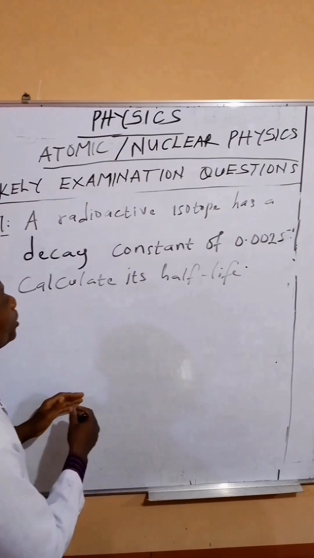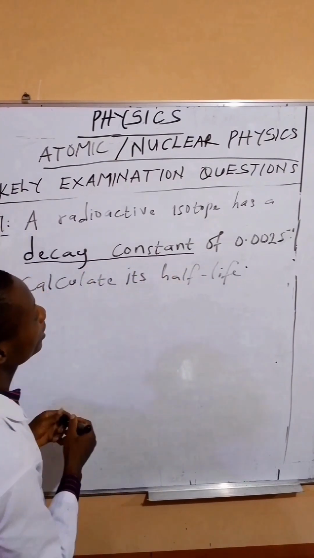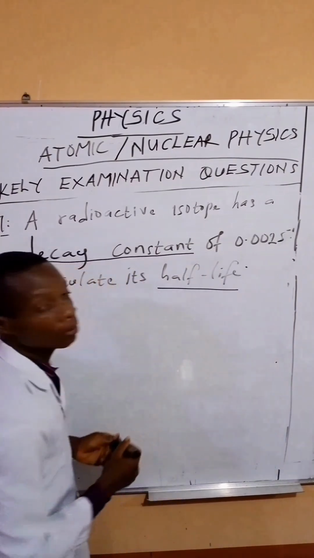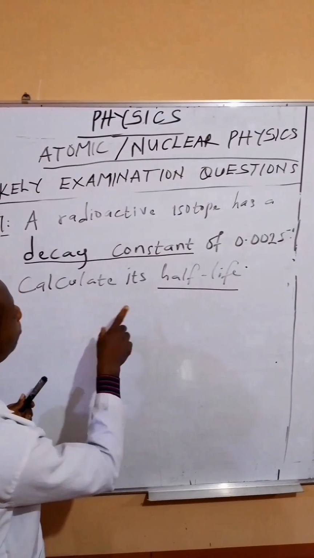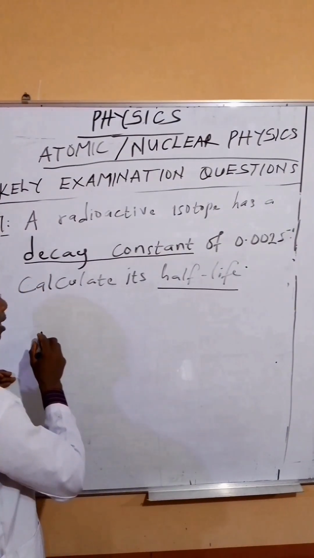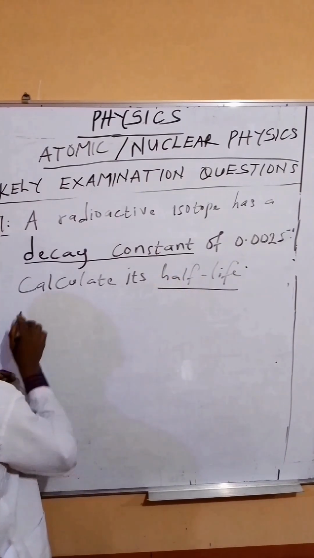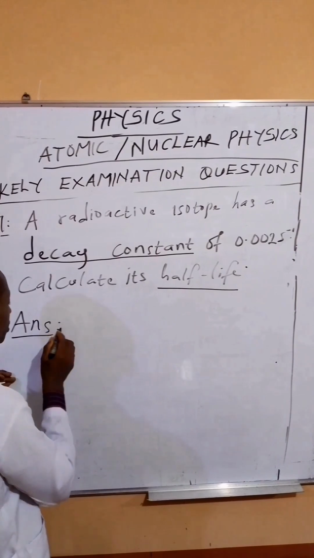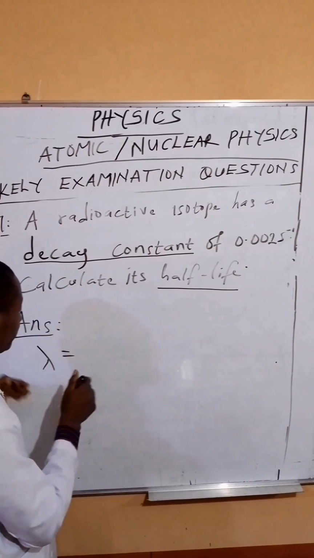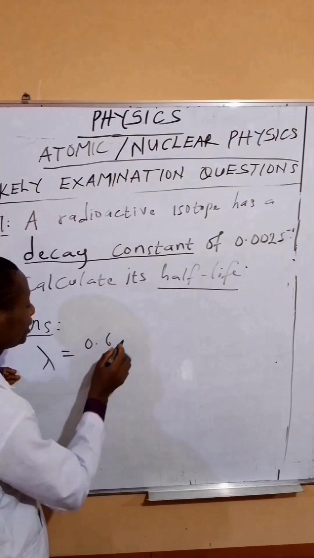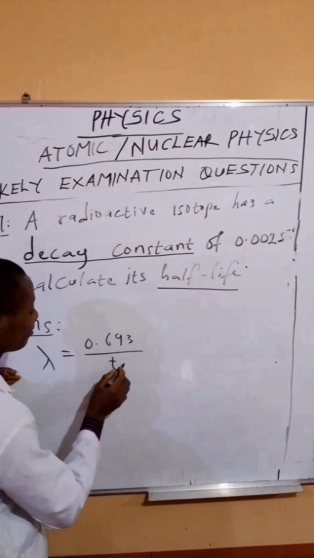How do we solve this problem? There is a relationship between decay constant and half-life. So a very simple relationship. Now that we are looking for the half-life, and the decay constant is already given, we are going to use a simple formula, which is lambda, the decay constant, equals 0.693 over T half.